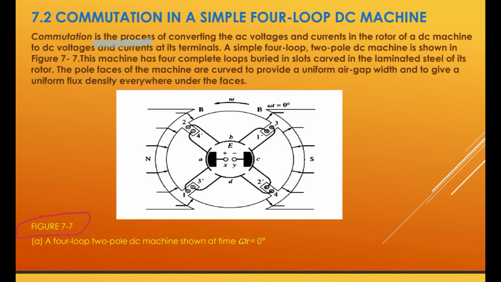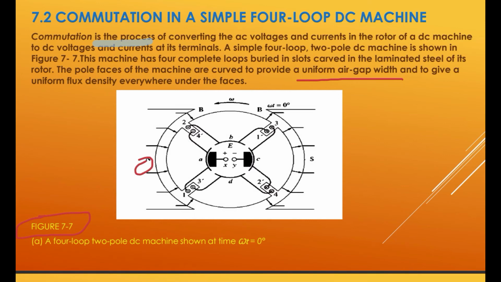This machine has 4 complete loops buried in slots carved in the laminated steel of its rotor. The pole faces of the machine are curved to provide a uniform air gap width and to give a uniform flux density everywhere under the faces.